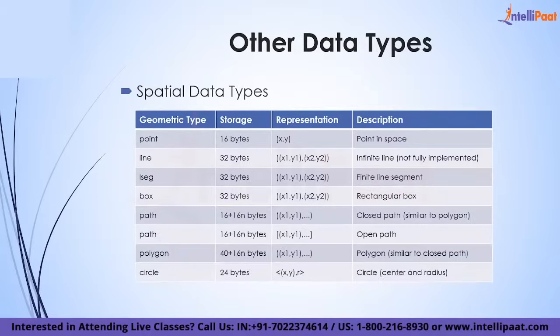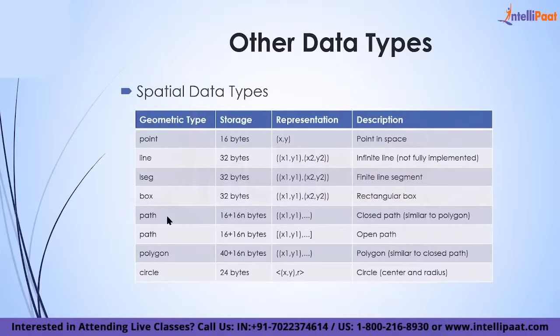Whenever you have to get a specific longitude, latitude, let's say you have Google Maps and you want to store the longitude, latitude of a specific point, in that case you can create a table or column with that specific data type. Then you can store that value in these tables.